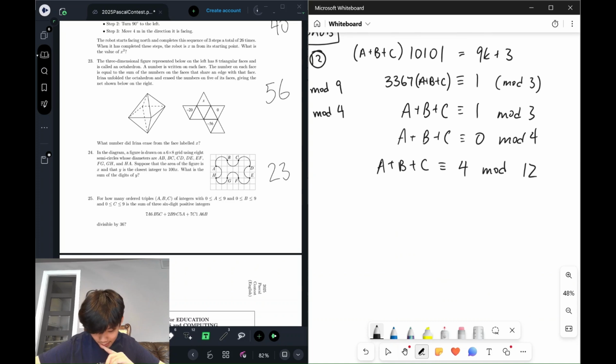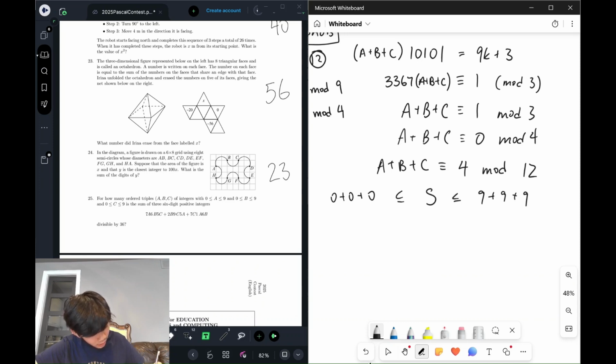Now, a, b, and c are integers between 0 and 9. This means that their sum, I'm going to call their sum s, is between 0 plus 0 plus 0 and 9 plus 9 plus 9. So the sum is between 0 and 27. The numbers that are 4 mod 12 are 4, 16, 28.